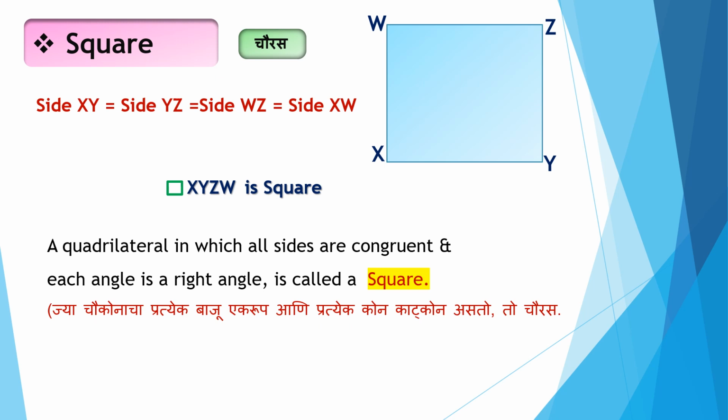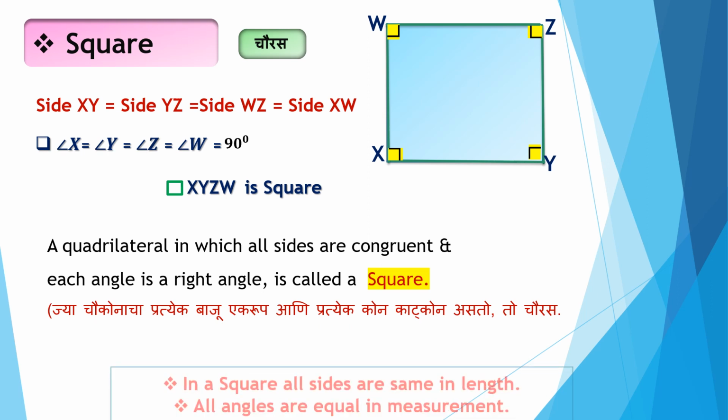All sides are congruent to each other and each angle is a right angle. That means each angle is equal to 90 degrees. Measure of angle X is equal to angle Y is equal to angle Z is equal to angle W is equal to 90 degrees.